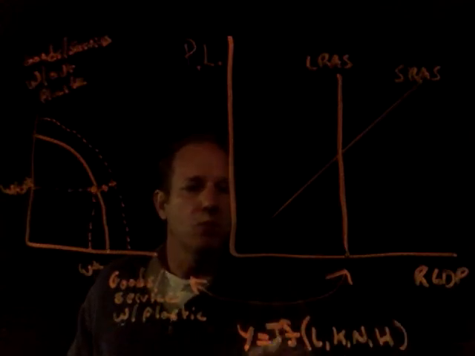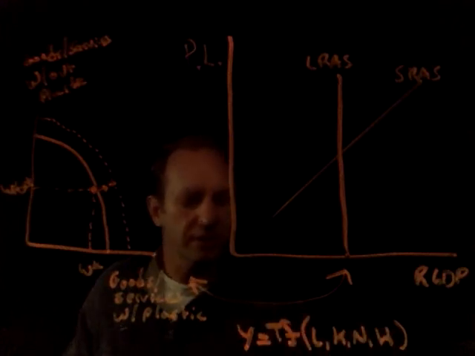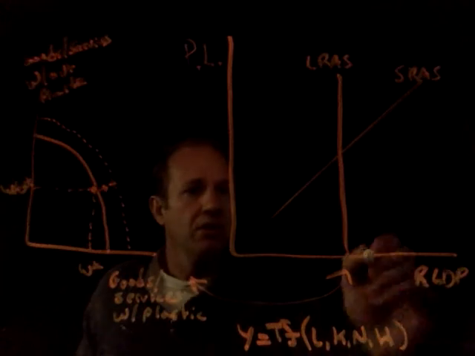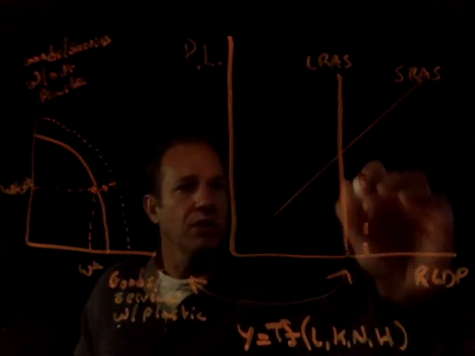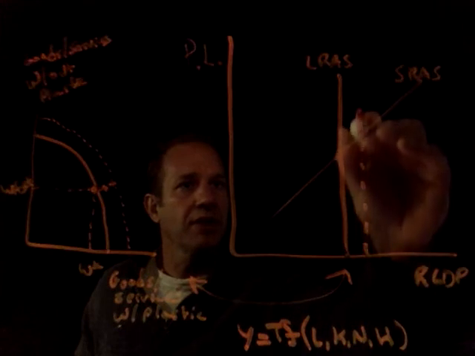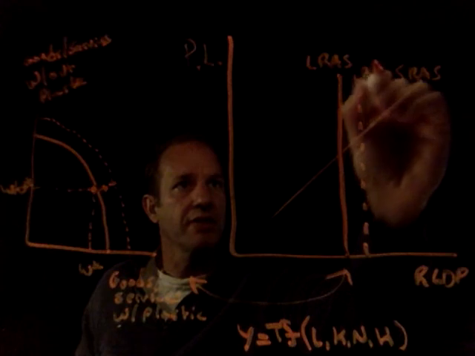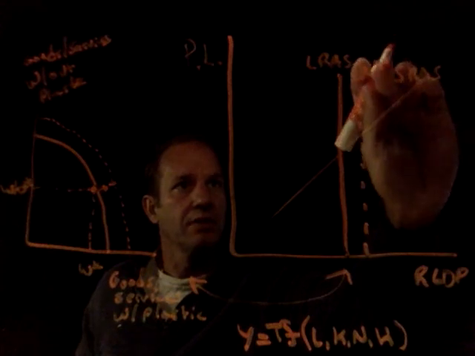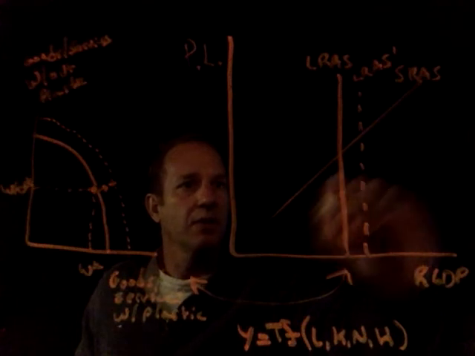When we get more of any one of these things or learn how to do things better, that's when we can have real economic growth, where the productive capacity of our economy can rise. And then this can move out with it.